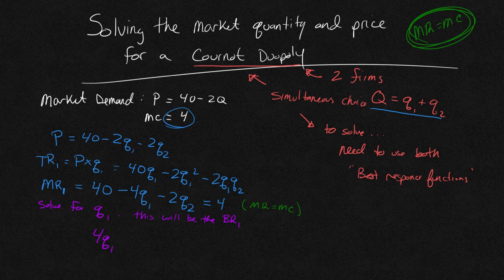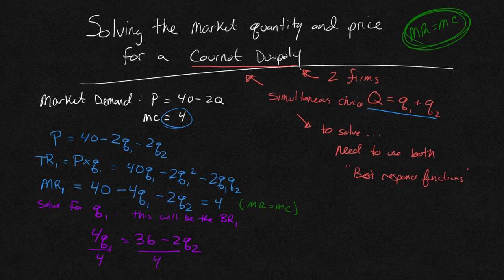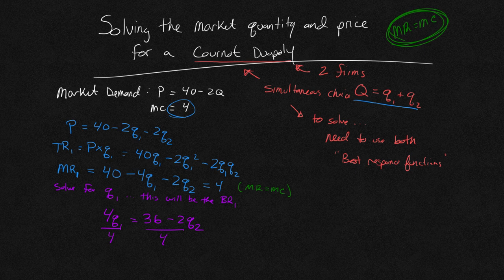And then I'm going to take the 4 back, so it's going to be 36 if I subtract 4 from both sides, minus 2q2. And if I divide everything by 4, those are going to cancel. I'm going to get q1, I'm going to put a star now, equals 9 minus 1/2 q2.